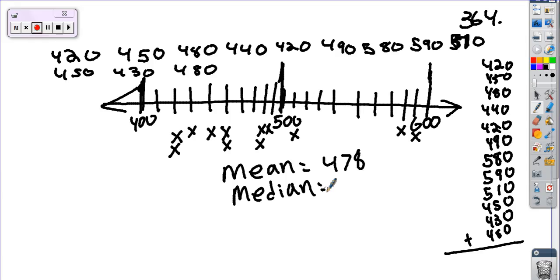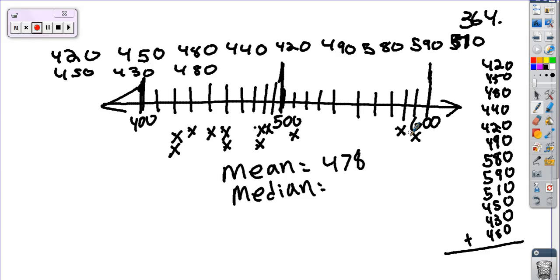The median is our middle number. So look at our line plot. There are 12 of them, right? So count 6. 1, 2, 3, 4, 5, 6. So it's going to be between 450 and 480. So how do we figure out the median?